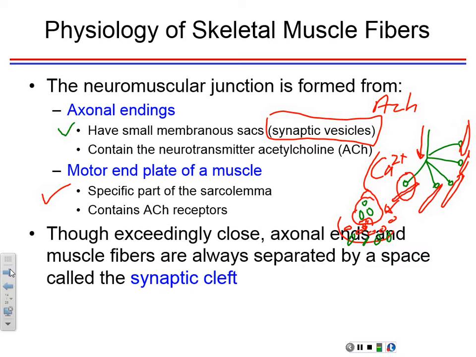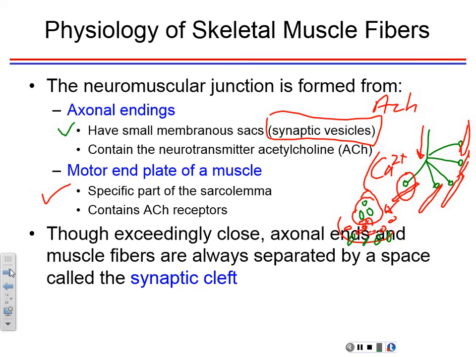Like I said, the neuron terminal doesn't touch the muscle cell. It comes very close to it, but it doesn't touch, and we said the reason is so that we can control the stimulation of muscle more. The physical gap between the axon terminal and the muscle cell is called the synaptic cleft.